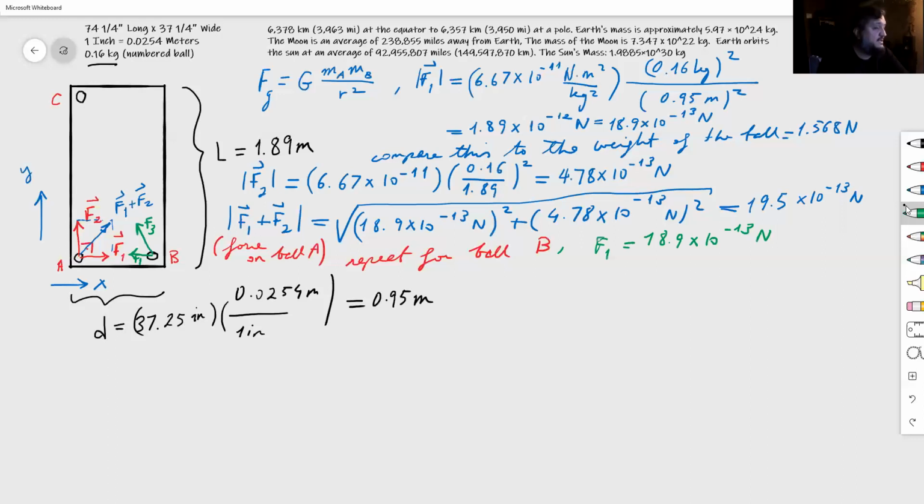Now to find F3, I need to know R for balls C and B. So we're talking about the hypotenuse there. What is that? So that will be the square root of 0.95 squared plus 1.89 squared.